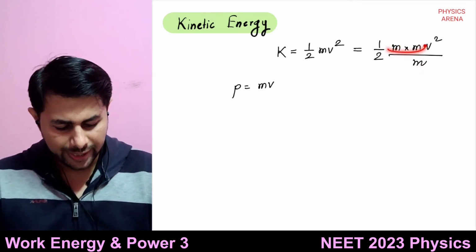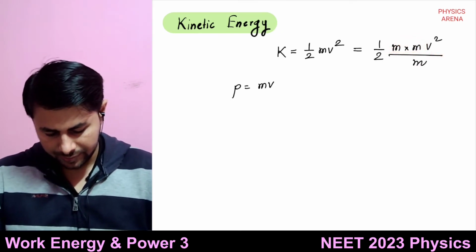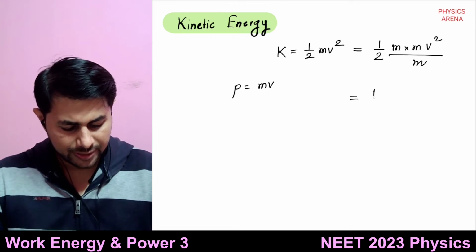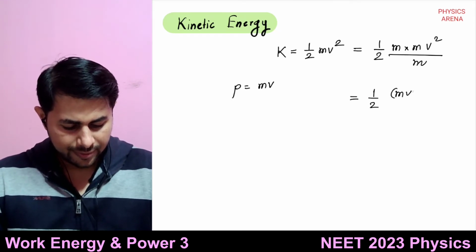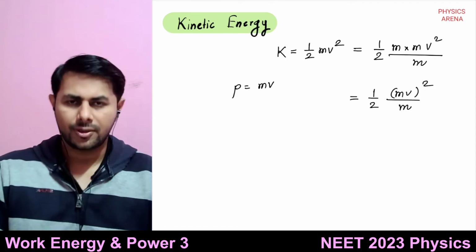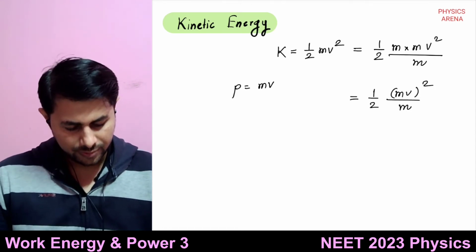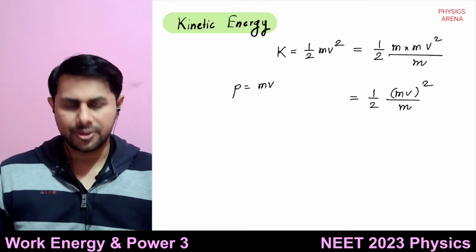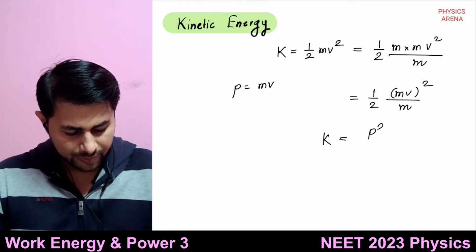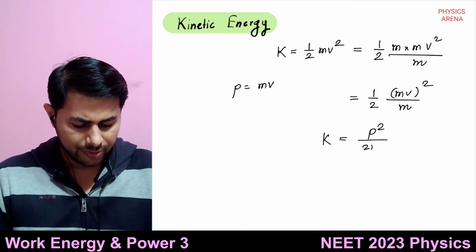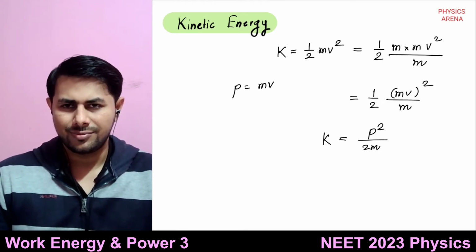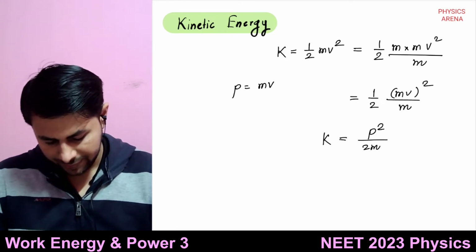So this will be m square v square, that means it is square of mv, divided by m. And what is mv? It is momentum. So you can write kinetic energy equals to P square divided by 2m. So this is another formula for kinetic energy, right?